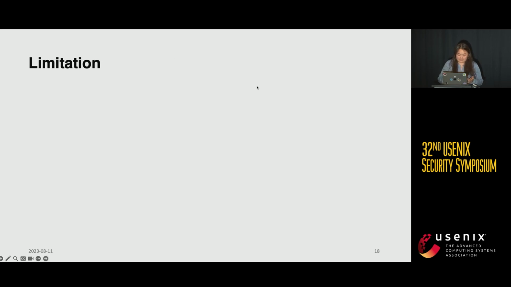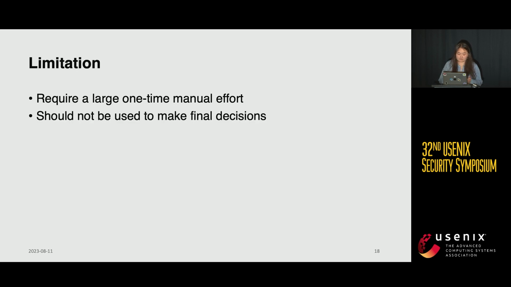Our tool is a beginning of understanding how we can build an automatic process to resolve access denial issues, and it presents many limitations. One is that it requires a large one-time manual effort to adopt the system. Second, it should not be used to make final decisions because access control is highly contextual, and the system administrator should make the right decisions.